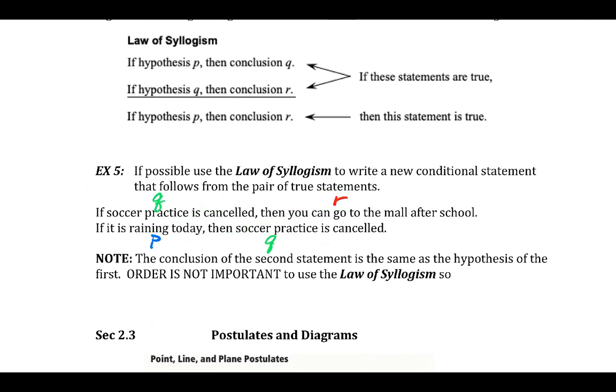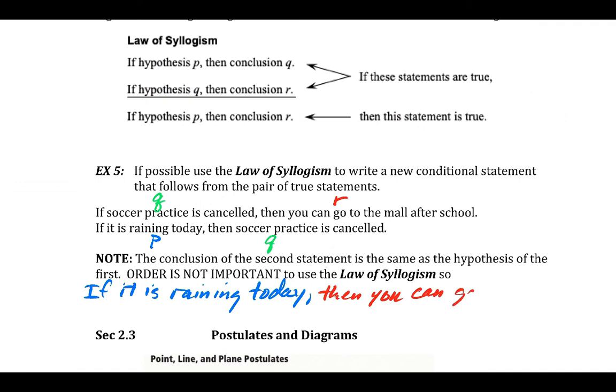So what we can say then is if it is raining today, then you can go to the mall after school.